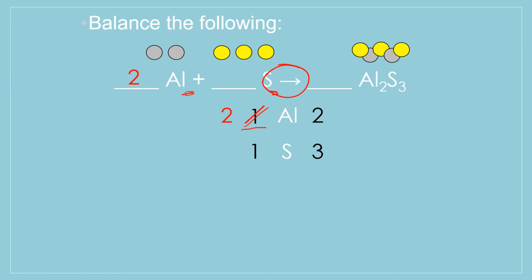I move down to sulfur. I do the same thing. I ask myself, what number times 1 gets me 3? The answer is 3, y'all. So 3 times 1 gets me 3. They are both equal. I am done balancing, but there's an empty space here. And again, if there is a blank, it just simply means there's a 1.